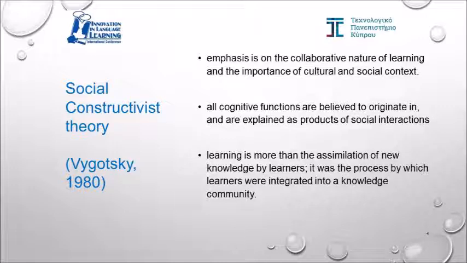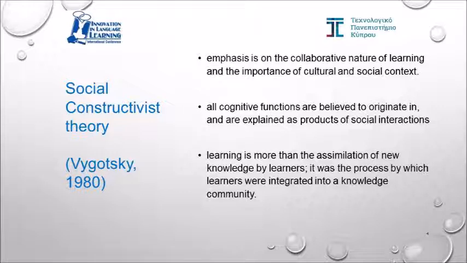Now, moving on, we can see some information about the social constructivist theory. As I mentioned before, the study was based on the social constructivist theory, where emphasis is given on the collaborative nature of learning and the importance of cultural and social context. All cognitive functions are believed to originate in and are explained as products of social interactions.